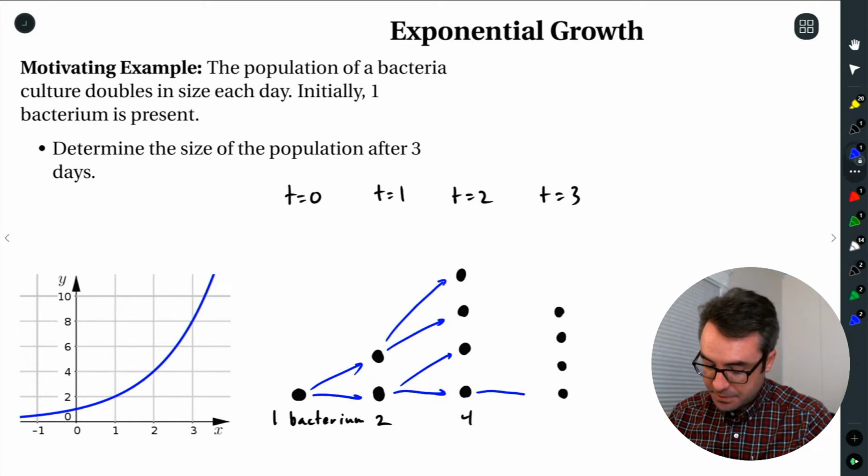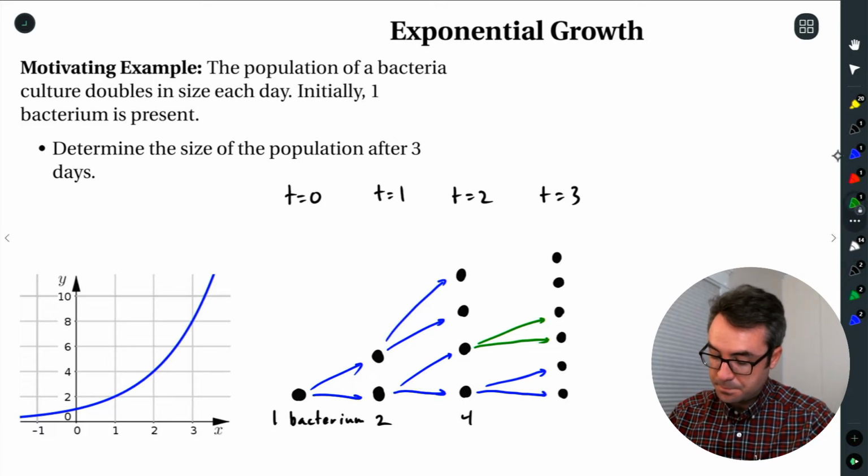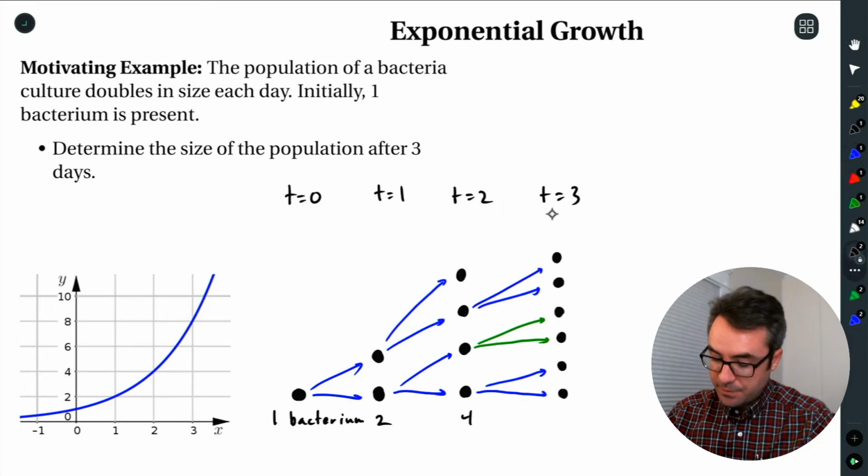And then from this one right here, this one's going to split, so we're going to have 2 more. And then finally, this last one's going to split, so we'll have 2 more from there.